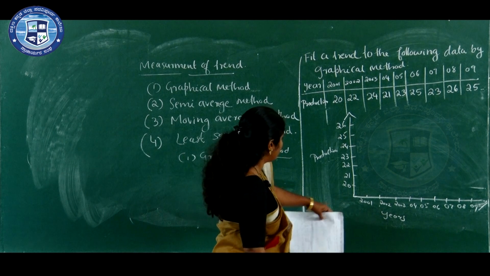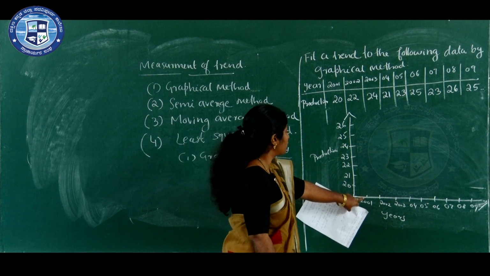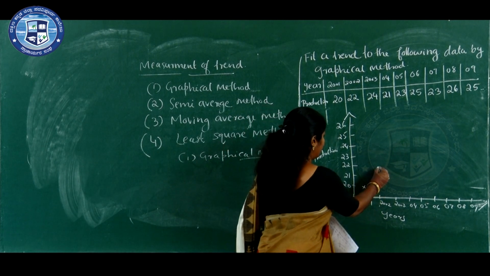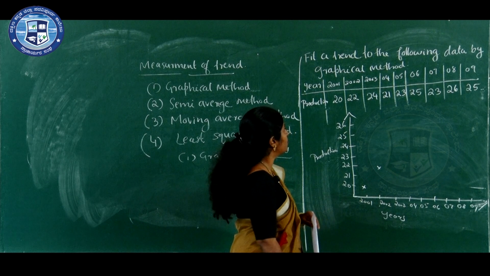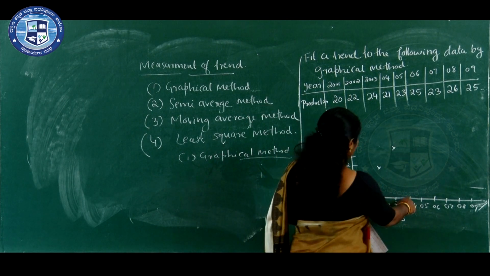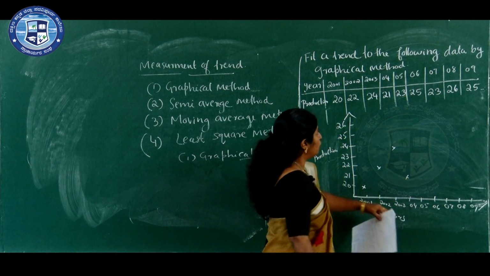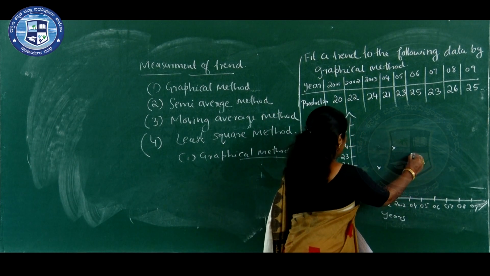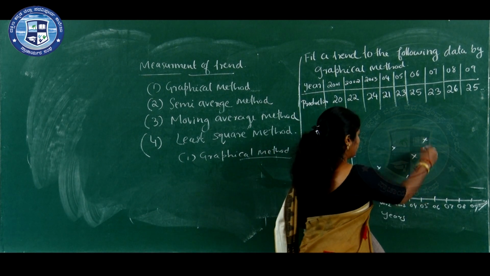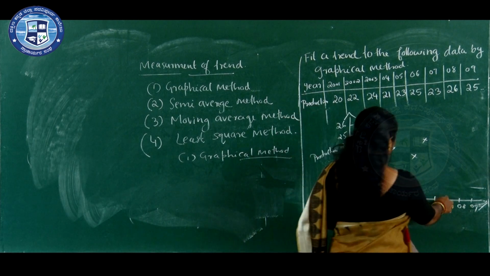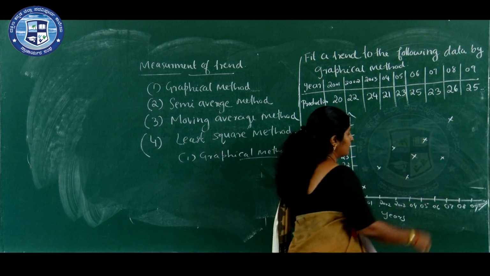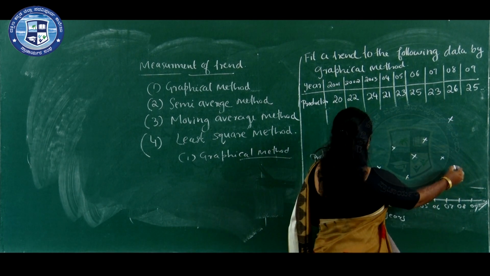Now, mark the histogram. 2001 corresponding is 20, mark that. 2002 corresponding value is 22 and 2003 corresponding is 24. 2004 is 21 and 2005 is 23, 2006 is 25, 2007 is 23, 2008 is 26 and 2009 is 25.